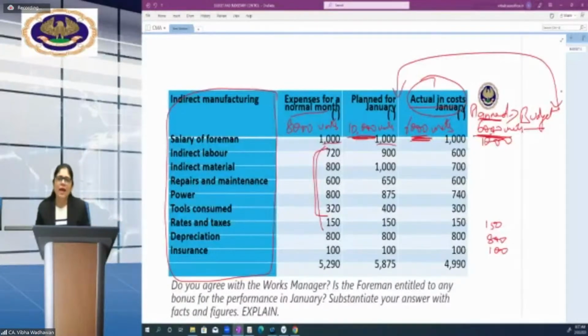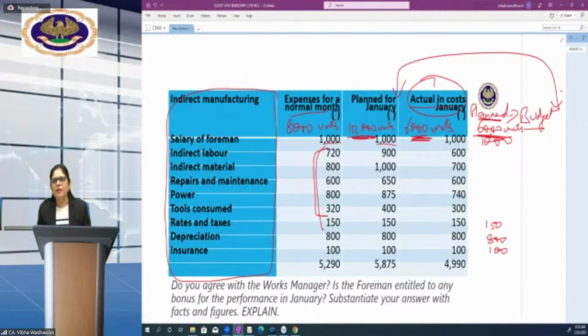You have to calculate the per unit variable cost. If the expense is variable, the per unit variable cost will come constant. I'm repeating. To identify that a particular cost or expense is variable, you must calculate the per unit cost of it.